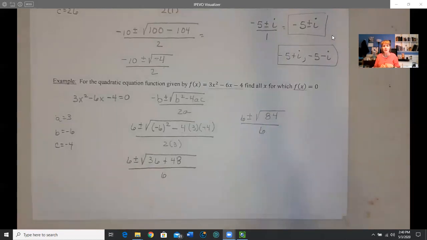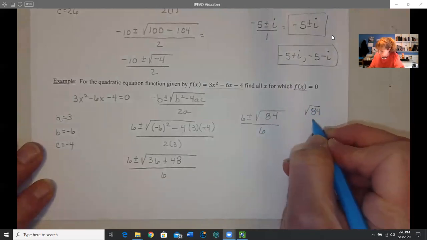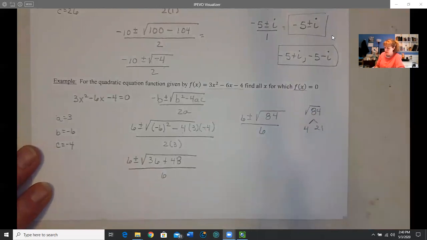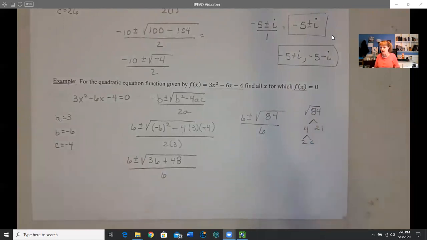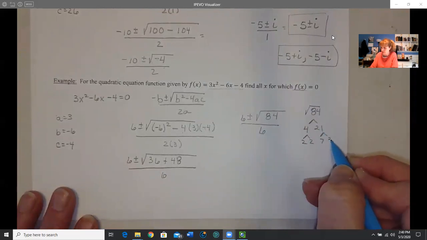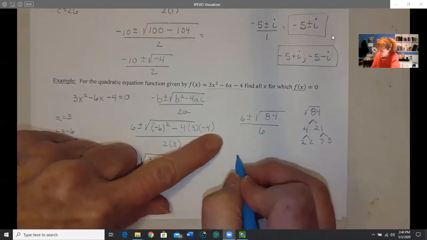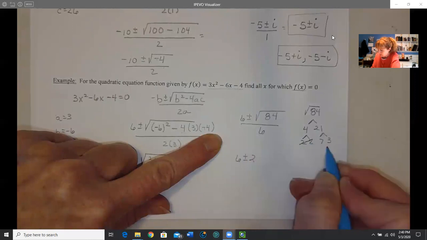And we need to reduce 84 to see if there's 2 of anything in order to pull it out. Okay. Square root of 84 is 4 times 21. 4 is 2 and 2, so we can pull out a 2, but the 21 stays because it's 1, 7, and 1, 3. So the 7 and the 3 have to stay inside. So we'll have 6 plus or minus. These come out, those stay in.